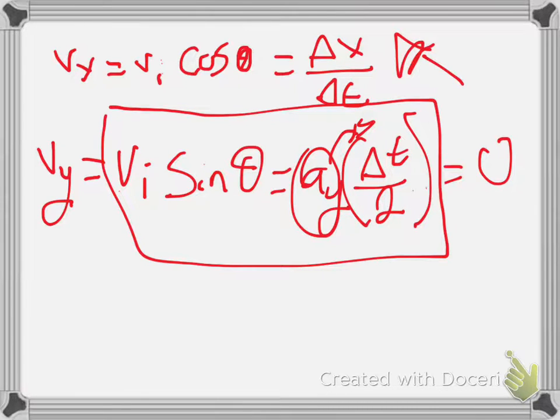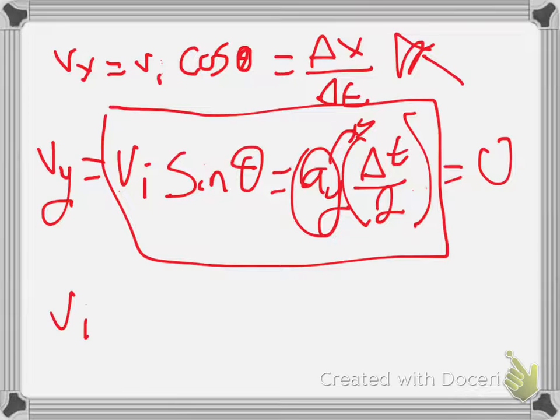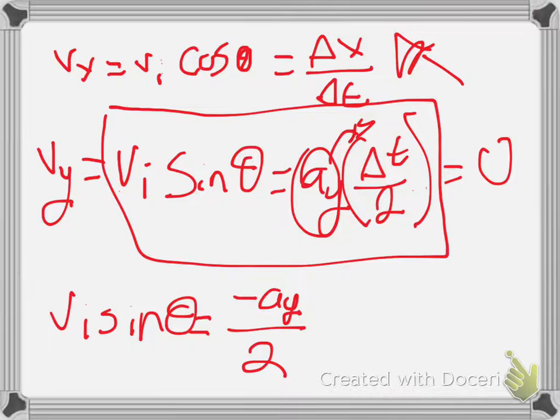So you move that up there and you wind up with velocity initial sine of theta equal to negative acceleration of y over 2, and then take that times time.